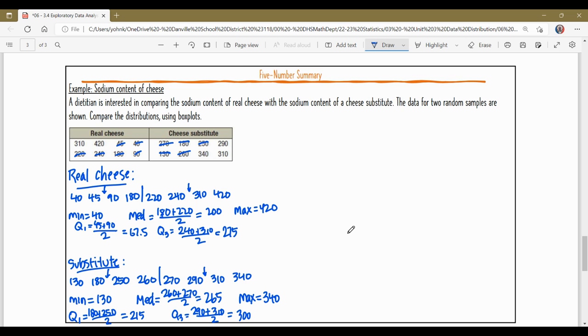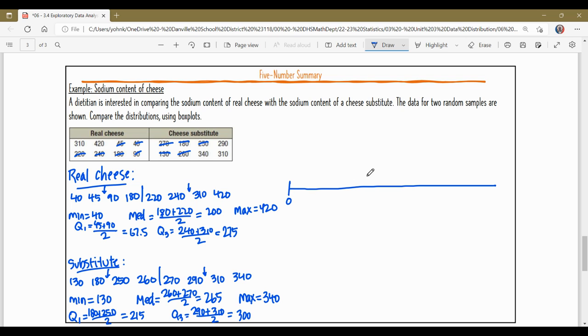Now I'm going to draw. I'm going to stack them one on top of the other. I'm going to put the real one on top, and the substitute one on the bottom. Remember, my values go from 40 to 420, and then 130 to 340. So if I go 0 to 450, we're probably going to be good.